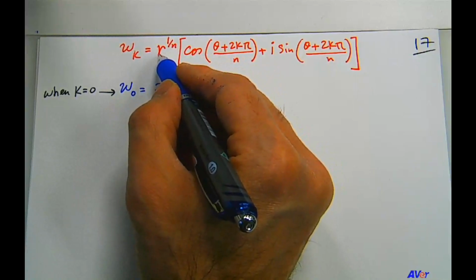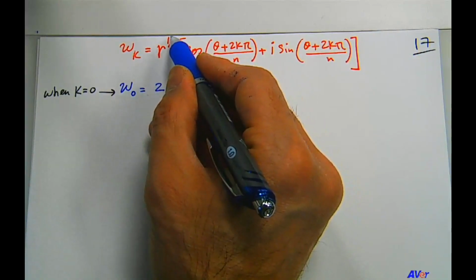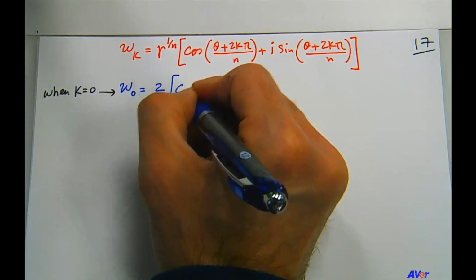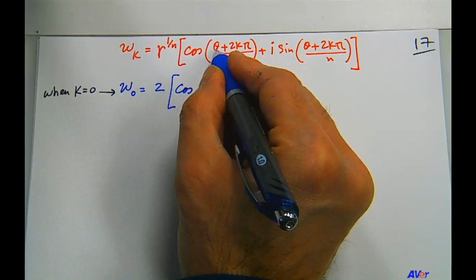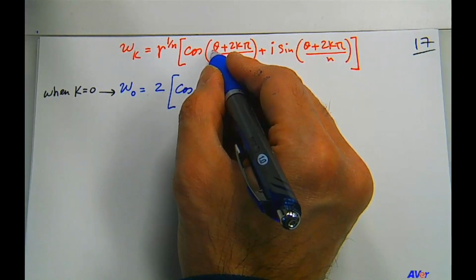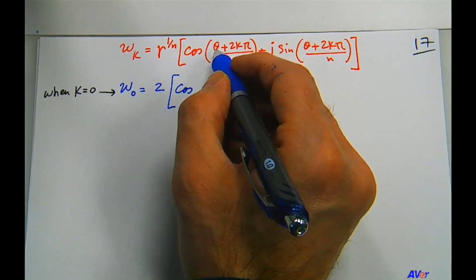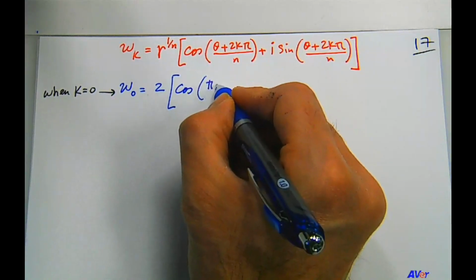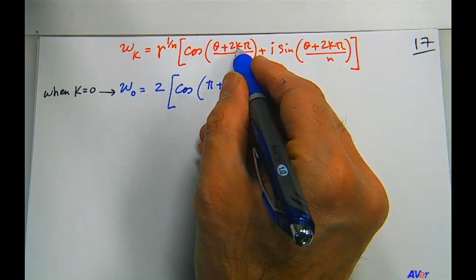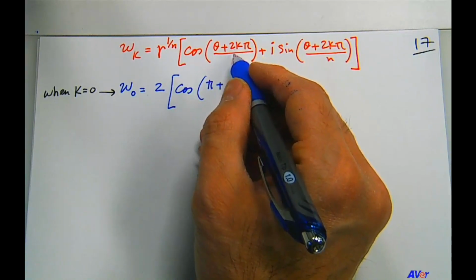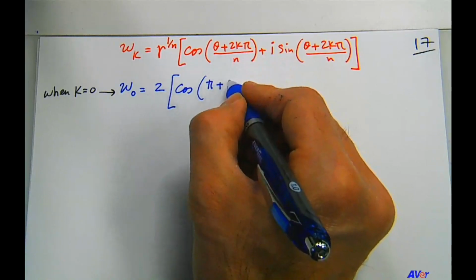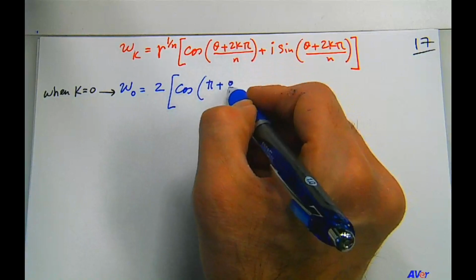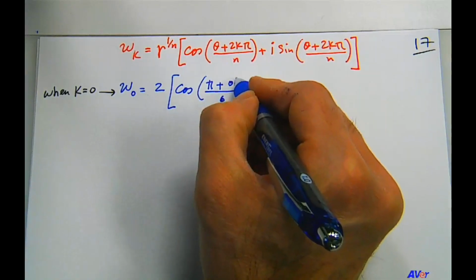We already calculated 64 to the power 1 over 6 is 2. So 2 times cosine of pi, since we chose theta to be pi, plus 2k pi, which is 0 because k is 0, over 6.